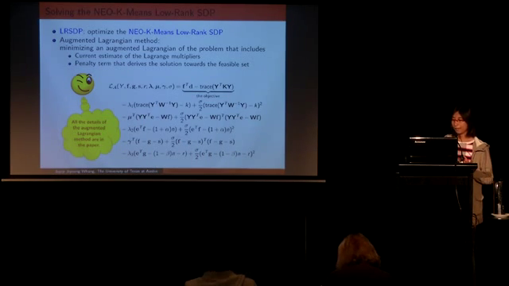It requires the computation of the gradient for the variables of this augmented Lagrangian function. As we will see, it's not trivial to compute the gradient, so we determined and validated a closed form of the gradient for the variables. The other details of the augmented Lagrangian method to solve the low-rank SDP for Neo-K-means can be found in our paper.